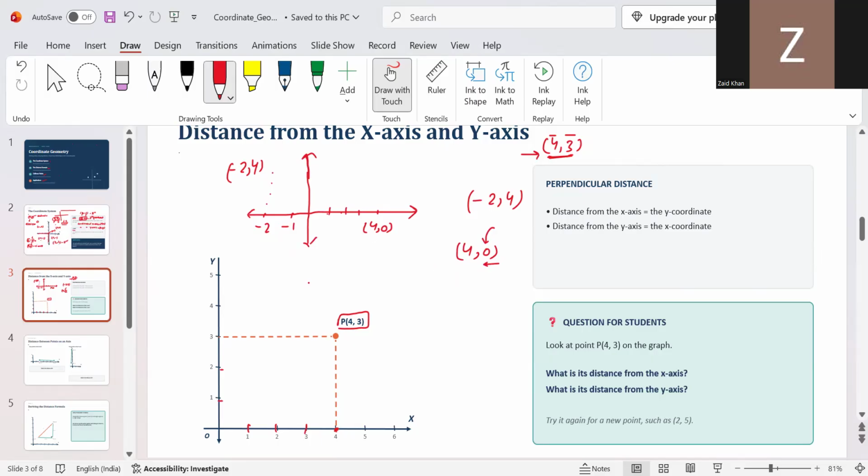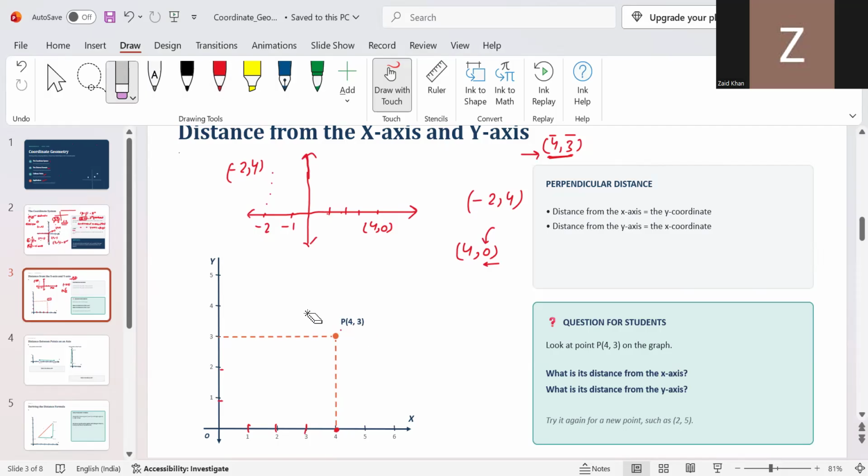Now, the main question is, can you tell me what is the perpendicular distance of this point from x-axis?